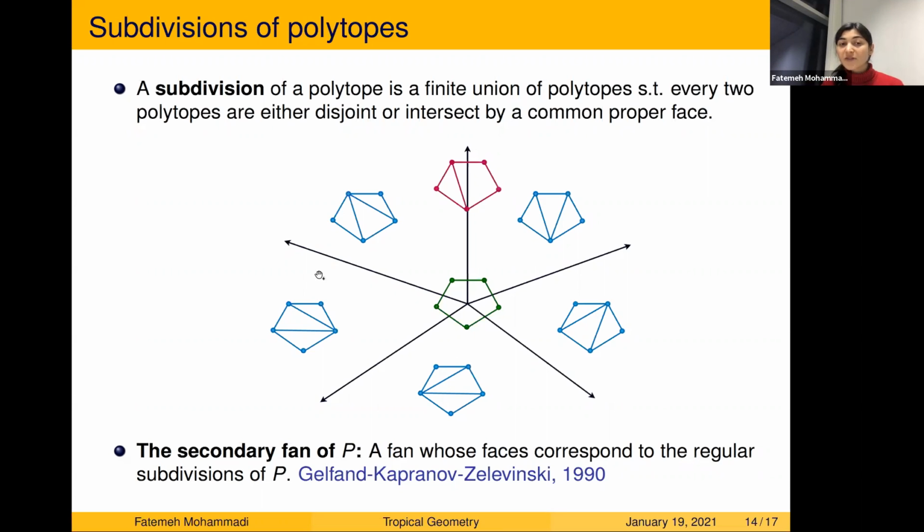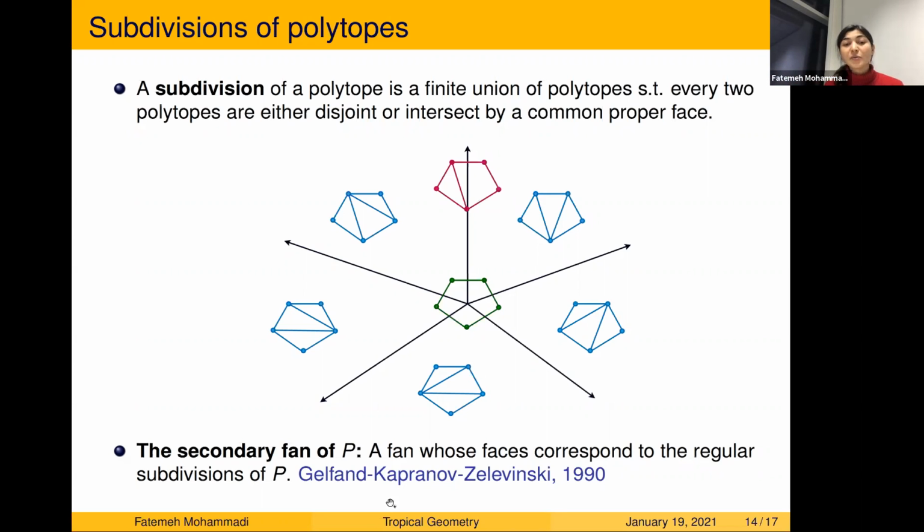Meaning that there is a fan, which is called the secondary fan of my polytope. The cones of this fan correspond to the maximal subdivisions, to my triangulations, and the lower dimensional faces of my cone correspond to other subdivisions. For example, here the cones correspond to triangulations, the rays correspond to subdivisions that have just 1 triangle and 1 square, and then also the origin, which is the only vertex, corresponds to the pentagon, which hasn't been subdivided.